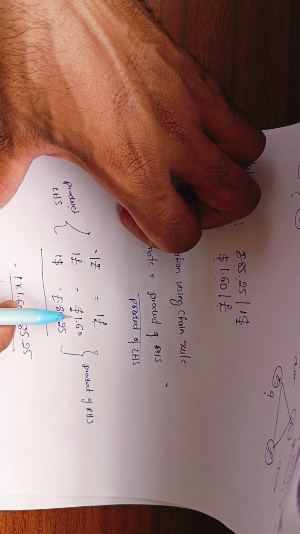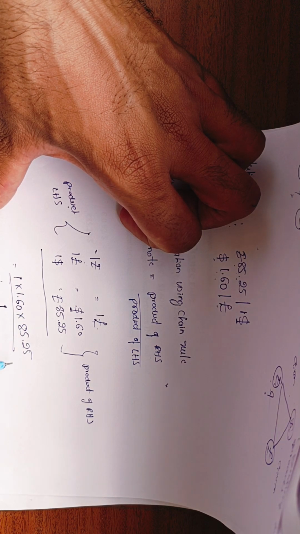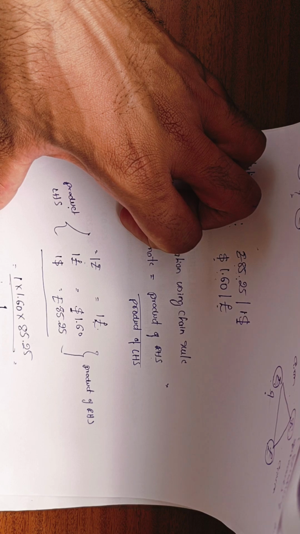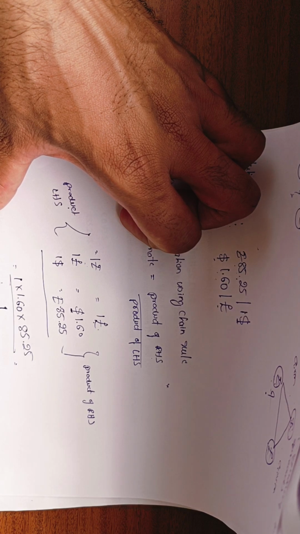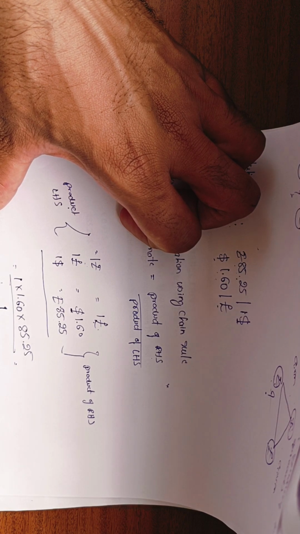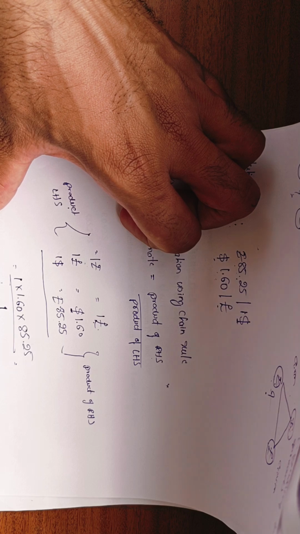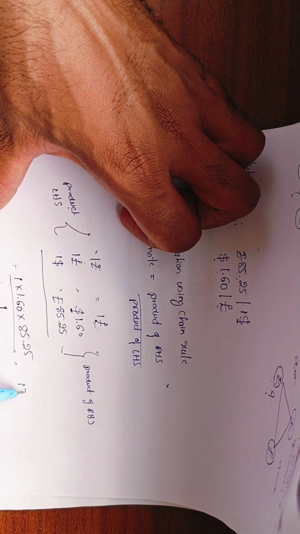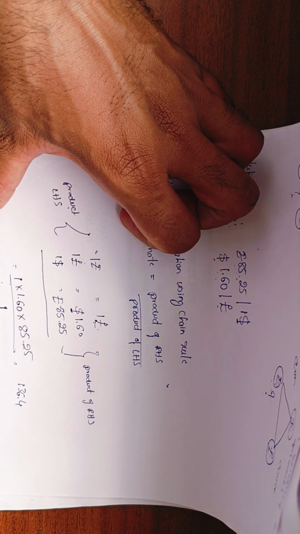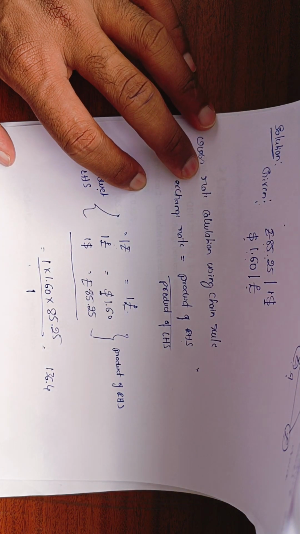No need to bother about which is dollar, which is pound, just take the product of these things. If we multiply 1 into 1.6 into 85.25 divided by 1, we get 136.4.